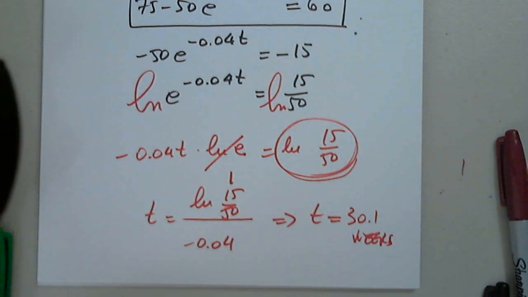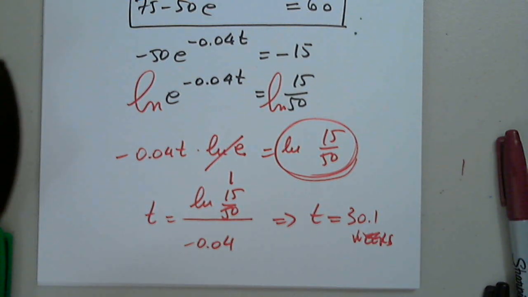Now, if I don't use the previous answer, and I write 75 minus 50 times E to power negative 0.04, and I truncate that number times 30.099, I will not get 60.